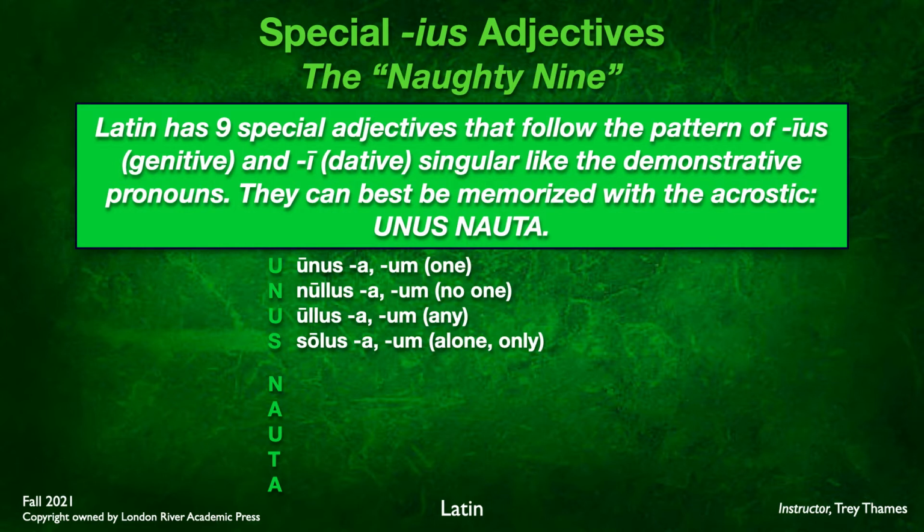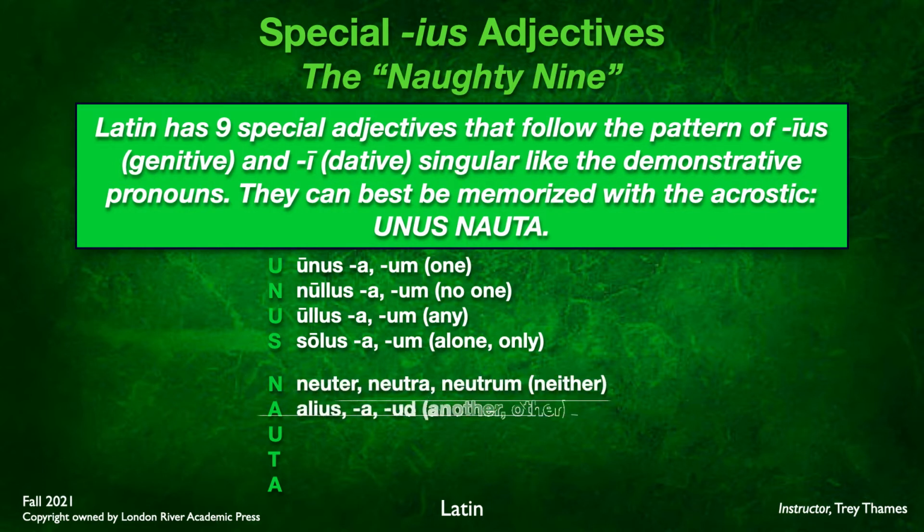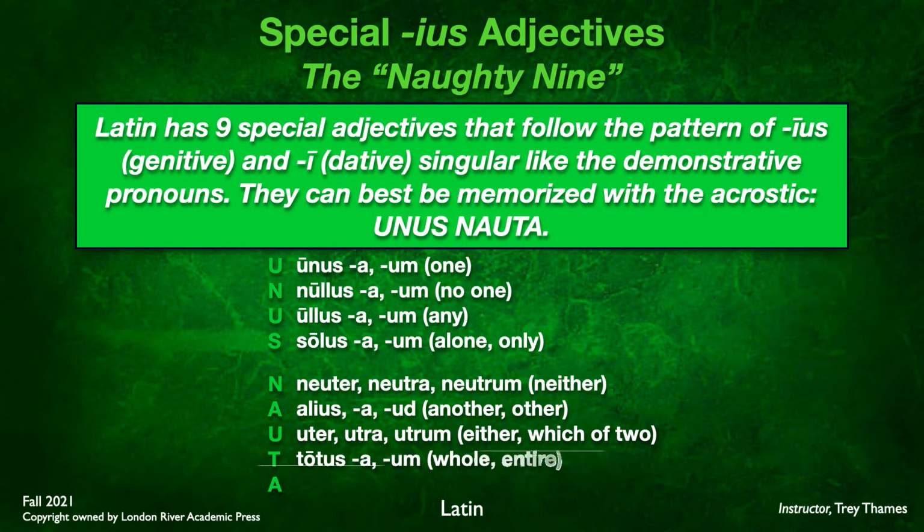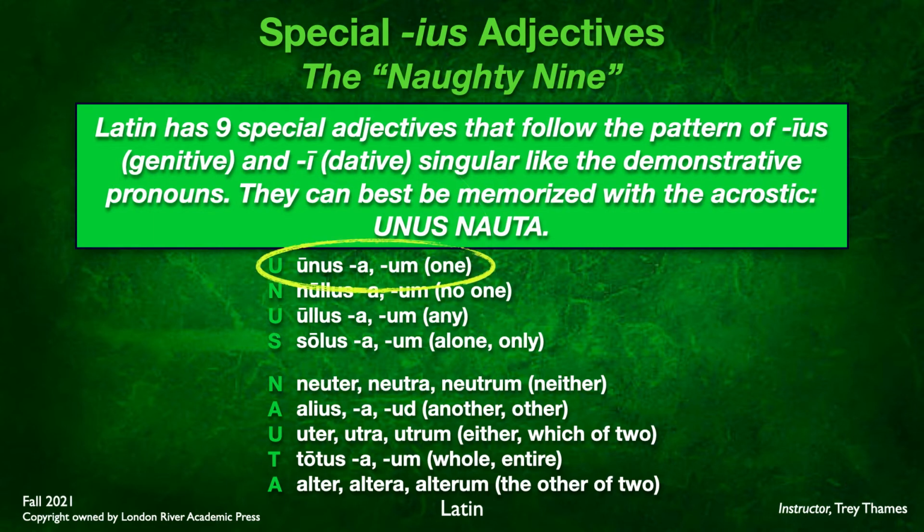And we memorized these forms of these special 9 adjectives with the acrostic unus nauta, each of these letters standing for one of these 9 adjectives. So unus, the one we're interested in right now, actually is the first of these. Unus, una, unum. You can see it right there. Unus, una, unum, and it means one.